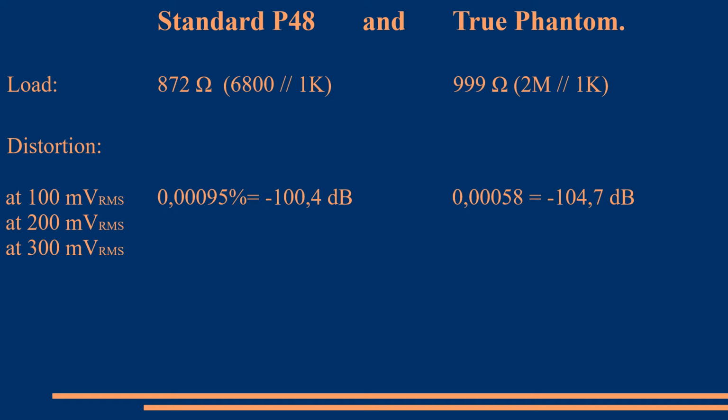For 100 millivolt input, the standard phantom distorts minus 100 dB. With the true phantom, the distortion is minus 104 dB.